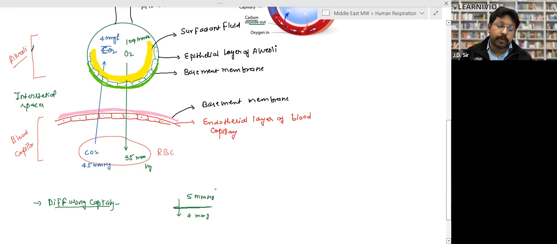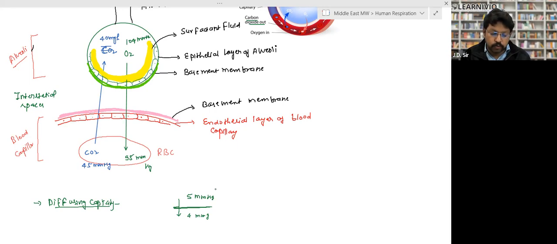Now put a note below this. The diffusion of CO2 is 20 times faster than O2.